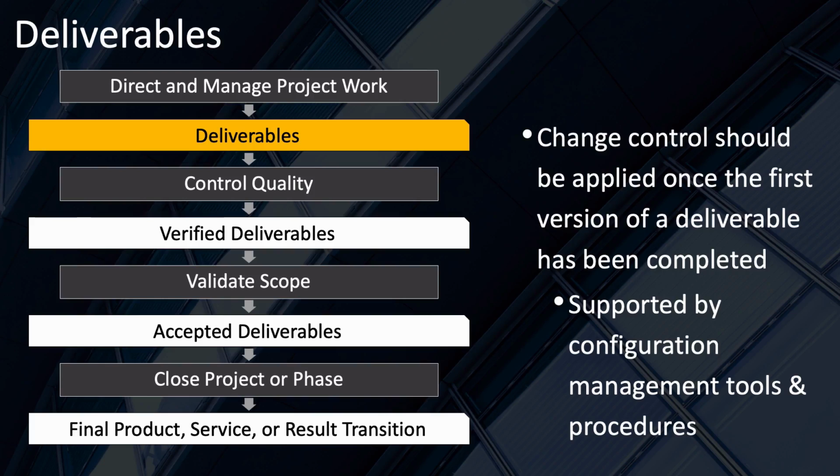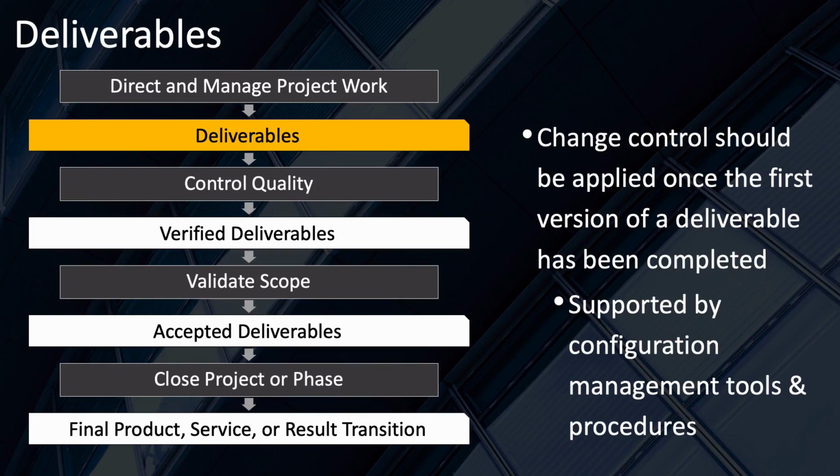They then go to the validate scope process, which reviews the deliverables and these quality reports with your stakeholders to get them to accept these deliverables. And then, once accepted, their name changes to accepted deliverables.